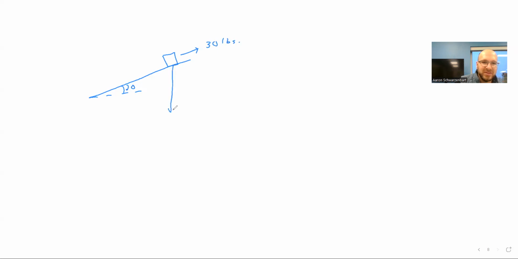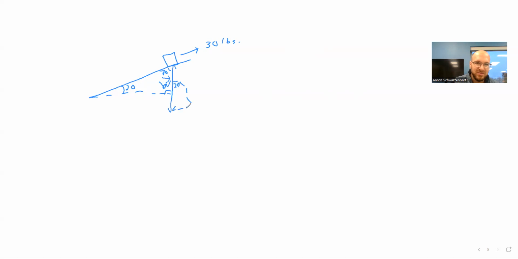I know I have gravity. This is my weight. So I'm going to call it W vector. There's this nice little thing. This is a right triangle. This up here is 70, making this inside 120.